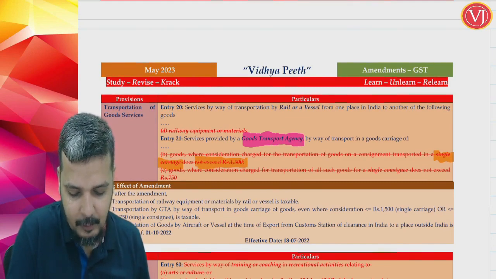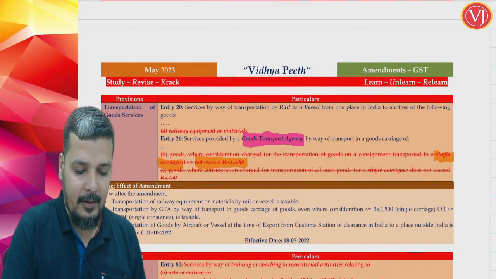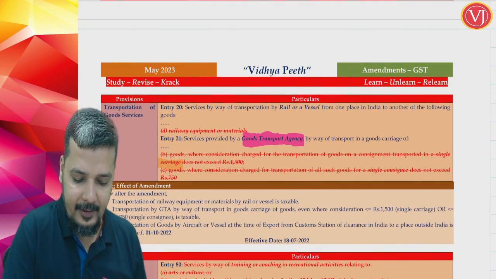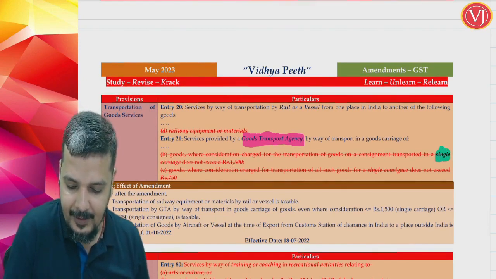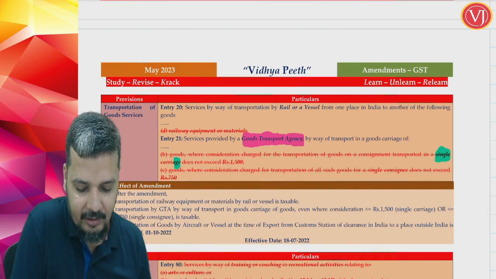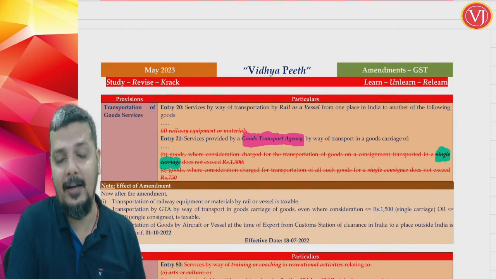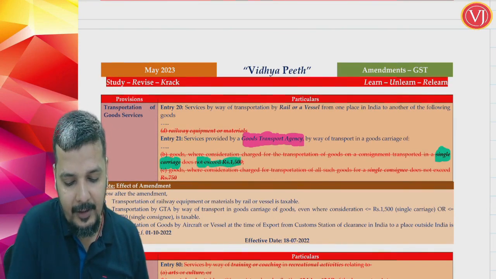If the amount was up to 1500, then there was no need of GST, it was exempted. If the value of the entire carriage, the consideration charged for the entire carriage, where you are booking the entire truck, is up to 1500, there was an exemption.